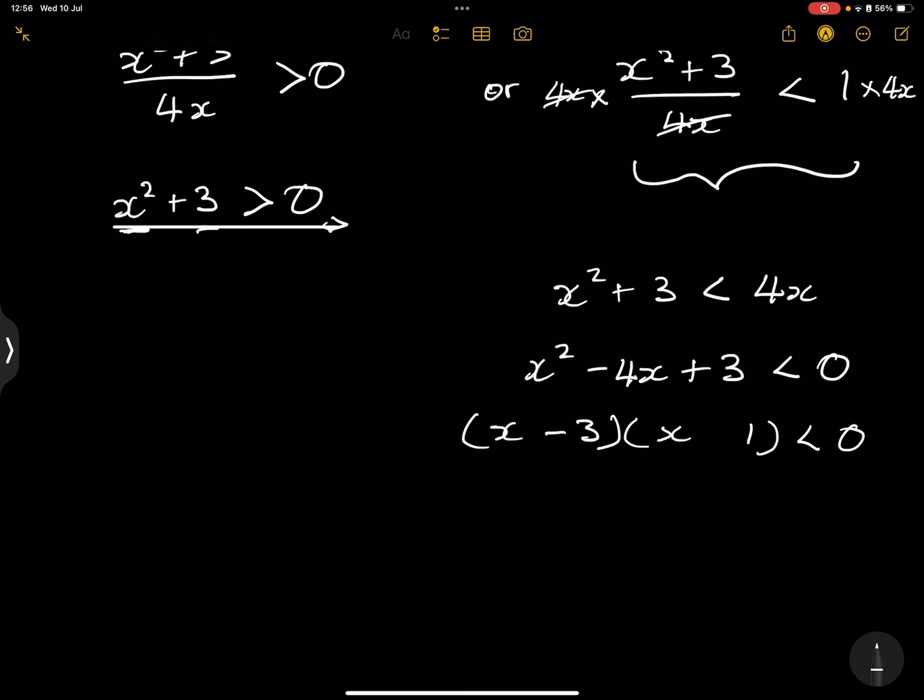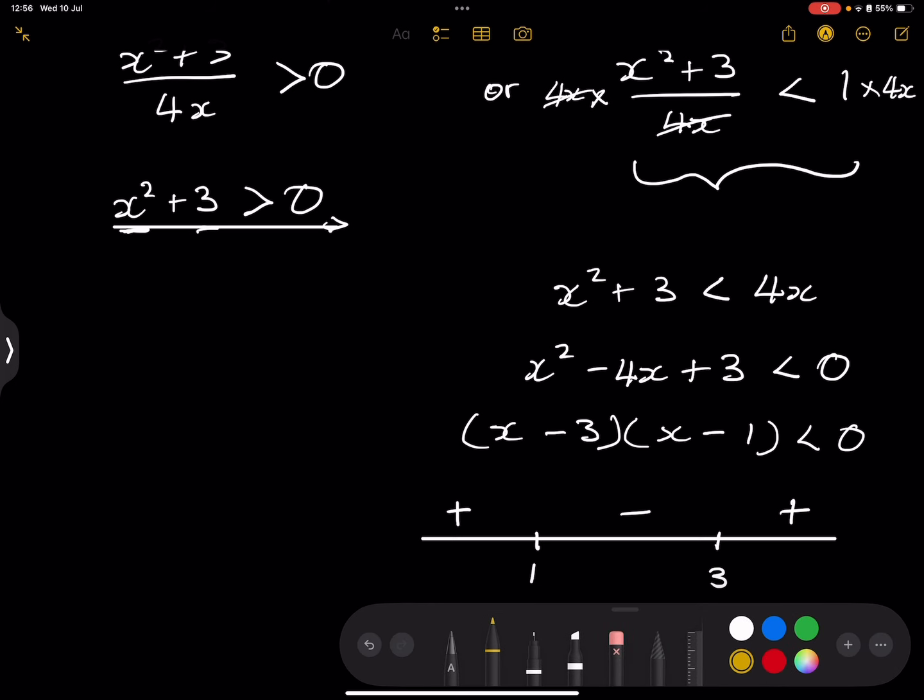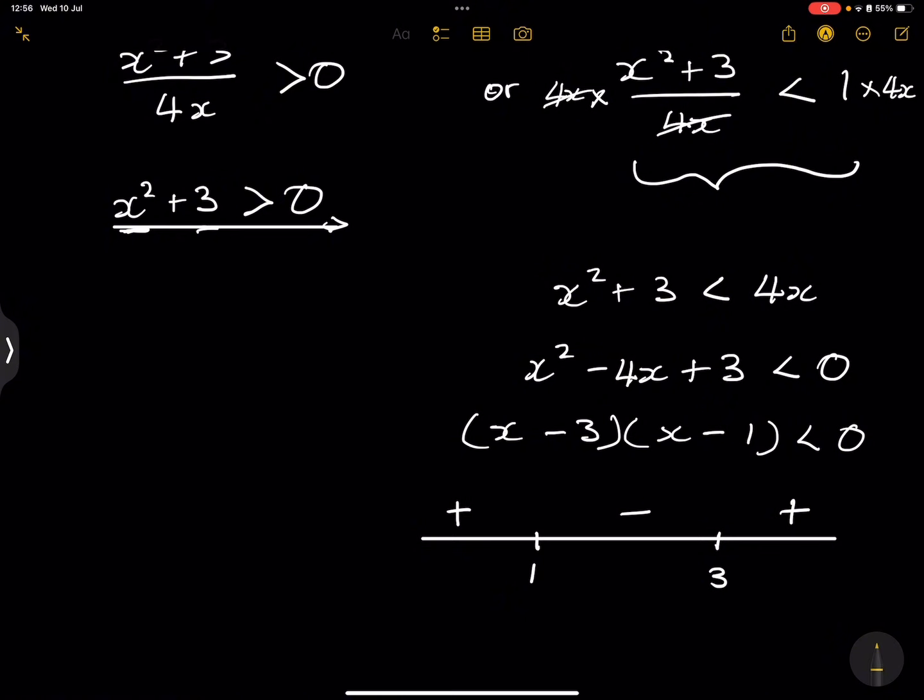So we've got negative and negative. So if you note there, we've got 1 and 3 as our critical values. You always place them in ascending order, right? So we've got 1, we've got 3, and we know it is positive here, it is negative, and it is positive over there. Now, where is our graph less than 0? Where is it negative? It's less than 0 between 1 and 3.